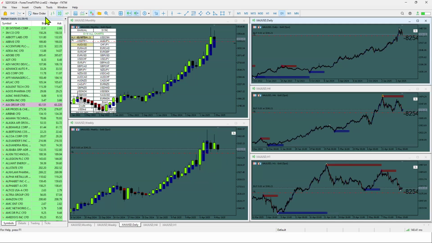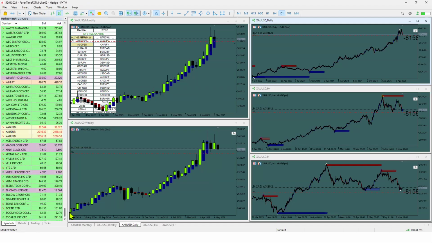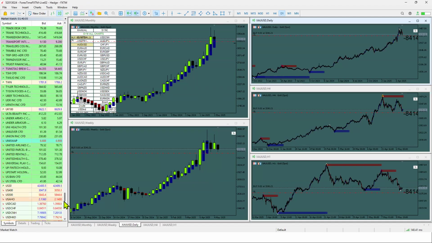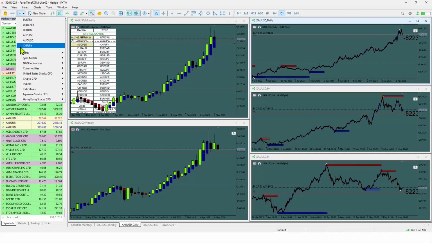So this is FSTM, right? You see my screen now. This FSTM is MT5. You can see 3D Systems all the way. It's a company, I think a US company. So here you have everything. If you click on this arrow and come down here, can you see Forex, exotic, minor, major?